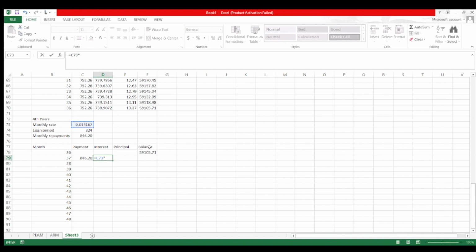The advantage with Excel, once you already have the formula captured, you can easily drag and get the other answers. For the principal again, subtract the interest from the payment.